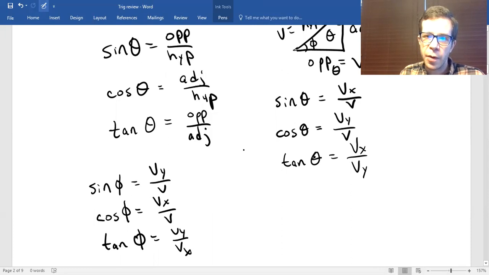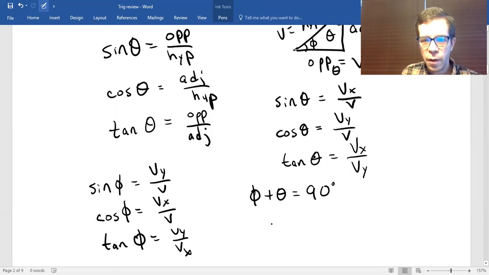So what do I want to talk about here? We said earlier that the angles opposite our legs are complementary angles and they add to 90 degrees. So now let's look at sine theta and cosine phi. Sine theta and cosine phi are the same thing.